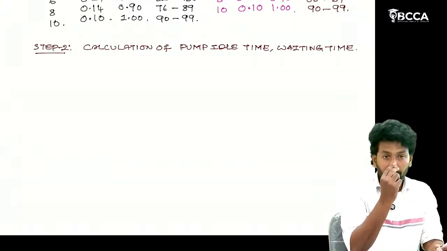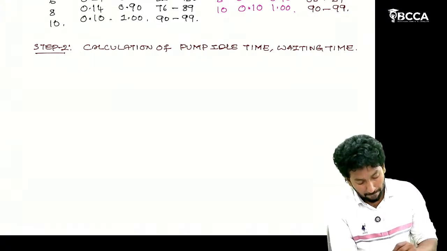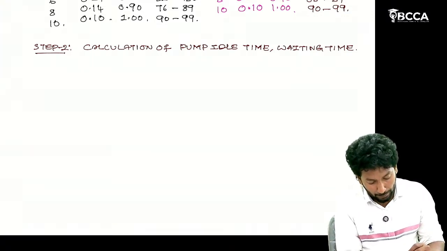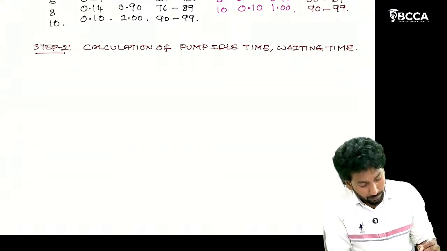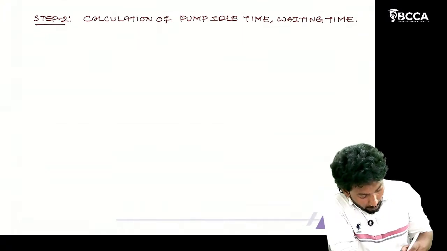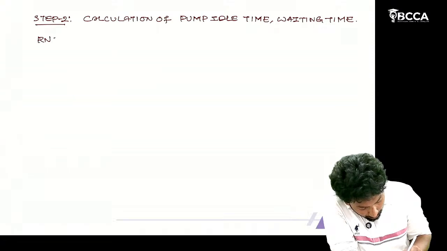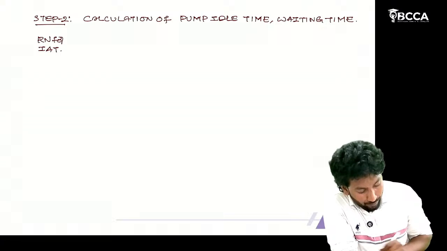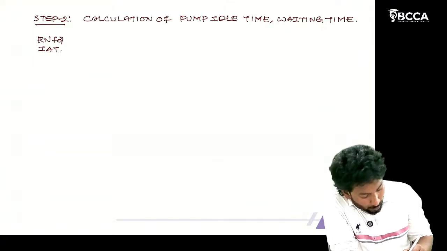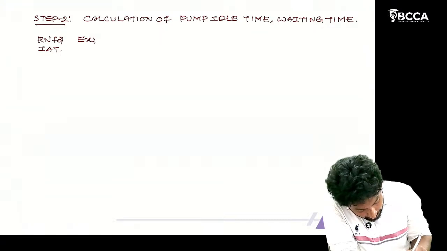Okay, so for that, first of all, write random number for inter arrival time. Then by using these random numbers, we can get the expected inter arrival time.